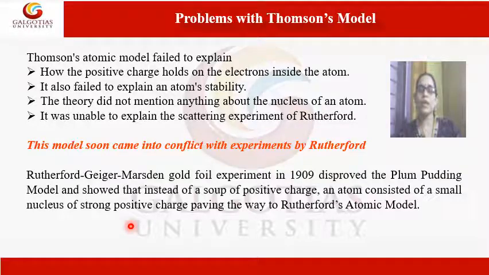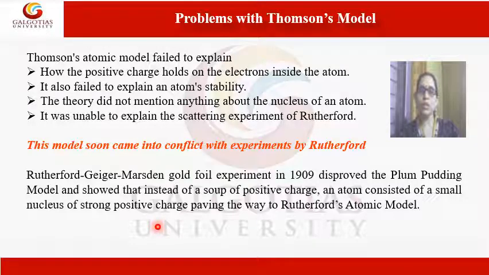They showed that the atom is not a soup of positive charge where electrons are embedded. They found that inside the atom the positive charge is situated at the center, and the electrons are revolving around this positive charge.